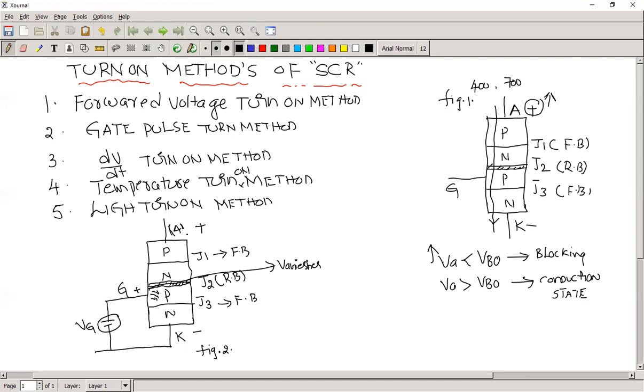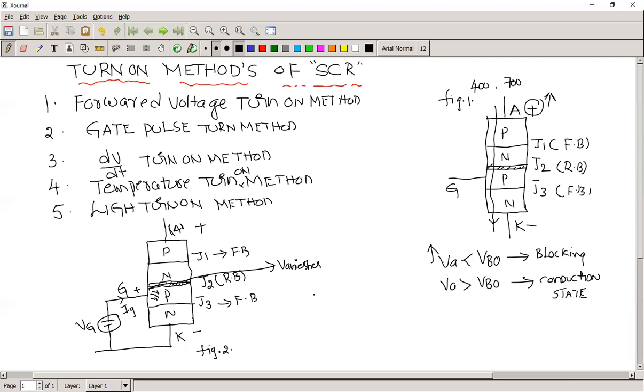The anode voltage at which the device goes to the on state is also dependent on the gate current, Ig. Suppose the gate current is lesser, then more anode voltage is required to vanish the junction J2, that is, for the device to go to the on state.